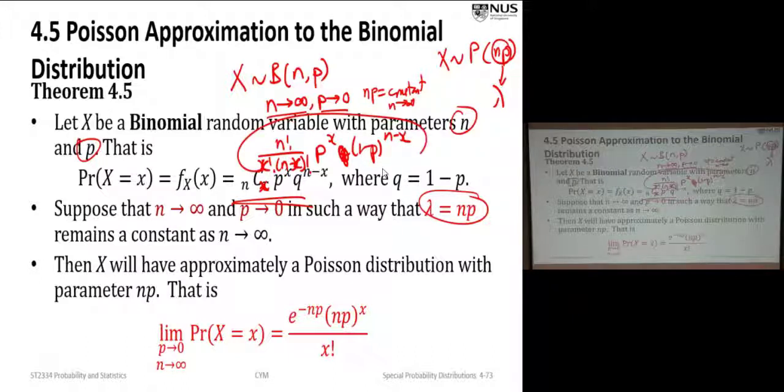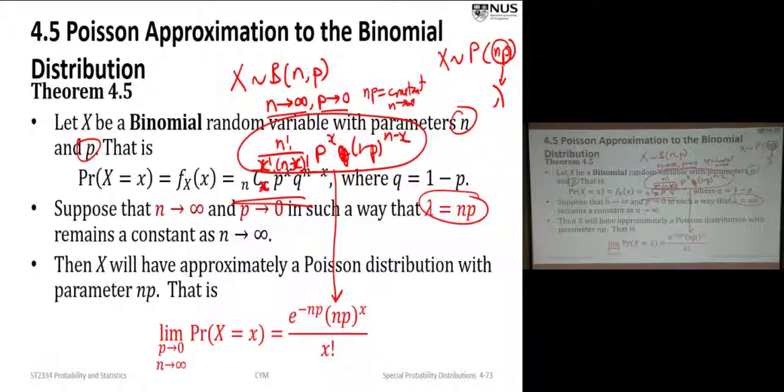So this expression, when n goes to infinity, the limit is equal to this expression. All right. For those who are interested, you can search on Google. You can find a very simple proof for the limits.